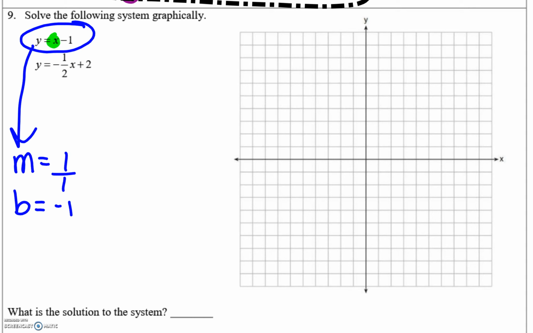It's my constant. So remember, my m is positive, so that means I go up 1, right 1. So I'm going to begin at negative 1 on the y-axis. So I'm going to start by putting a dot at negative 1, and I'm going to go up 1 over 1, and continue on.